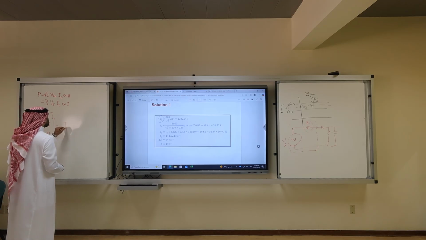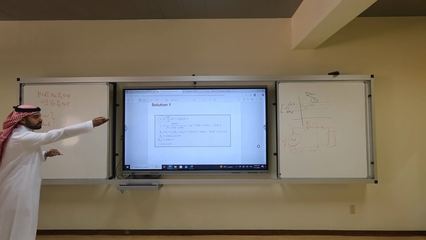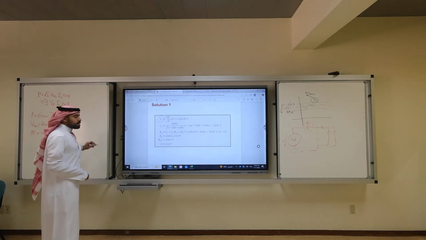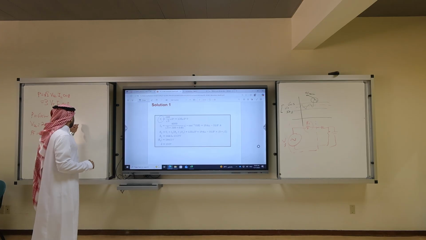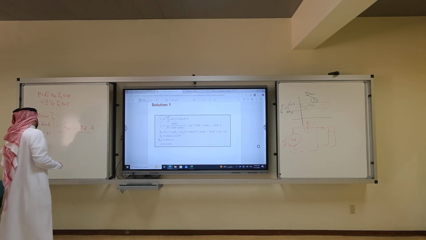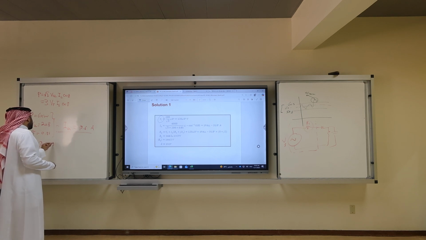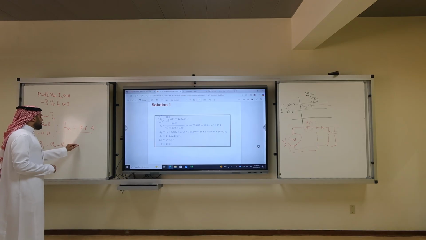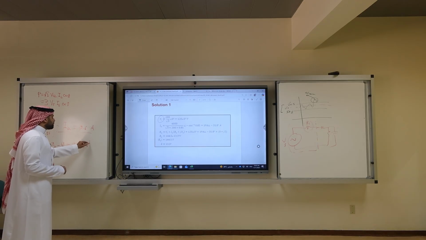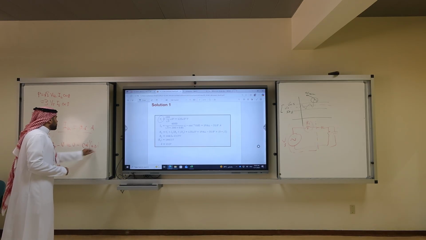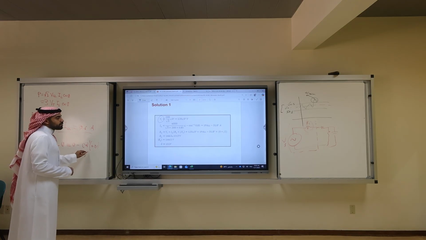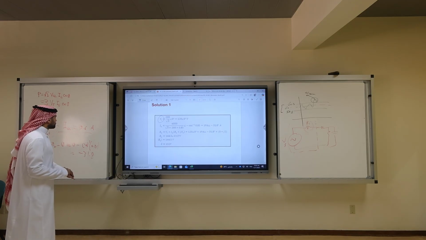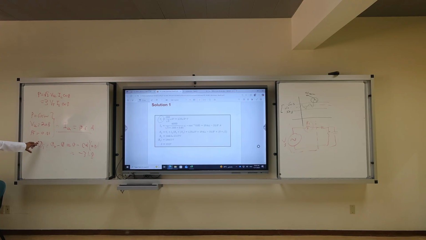From that you should get IA to be 19.6 amps. What is theta I? It is theta V minus theta, which is 0 minus cosine inverse of 0.85, equal to minus 31.8. So that's the angle of the current, and that's the magnitude of the current.